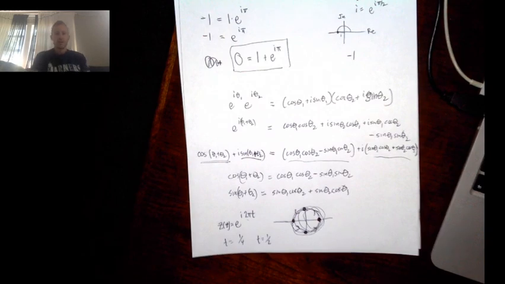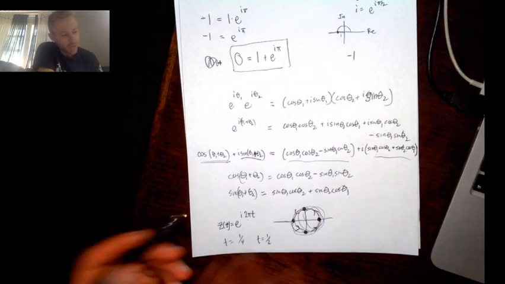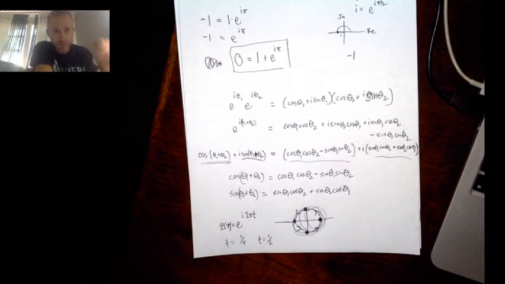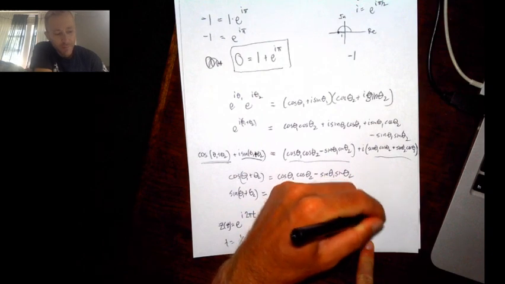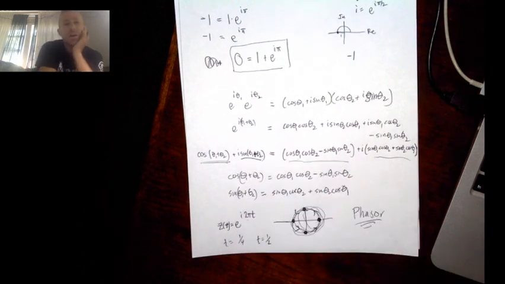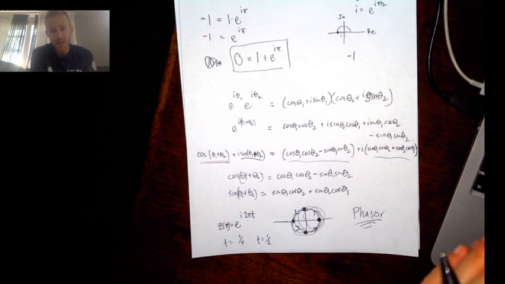Okay? So when you have a complex number that depends on time and it's whipping around like this, it's sometimes called a phasor. Okay? And phasors are extremely useful when you're talking about circular motion, simple harmonic motion, those kinds of things.